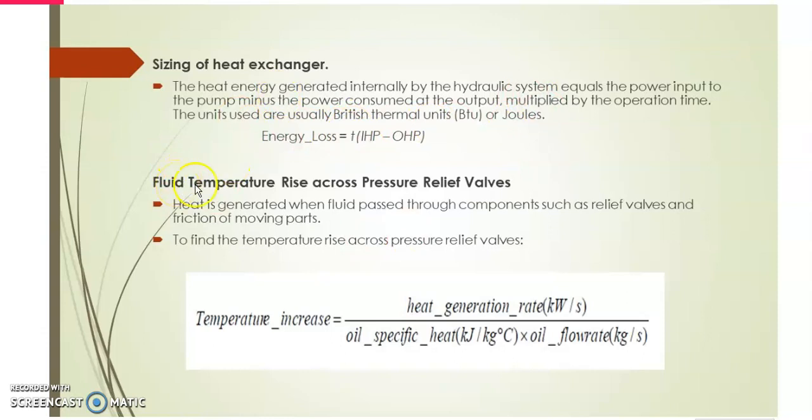For the fluid temperature rise across the pressure relief valve, heat is generated when the fluid passes through components such as the relief valve and from the friction of the moving parts. To find the temperature rise, you can use this equation: temperature increase equals heat generation rate divided by the oil specific heat times the oil flow rate.